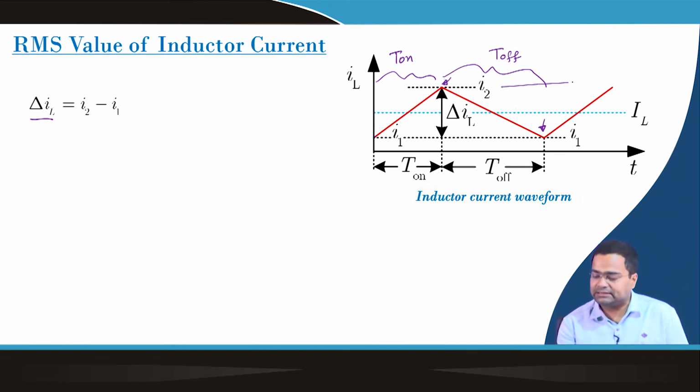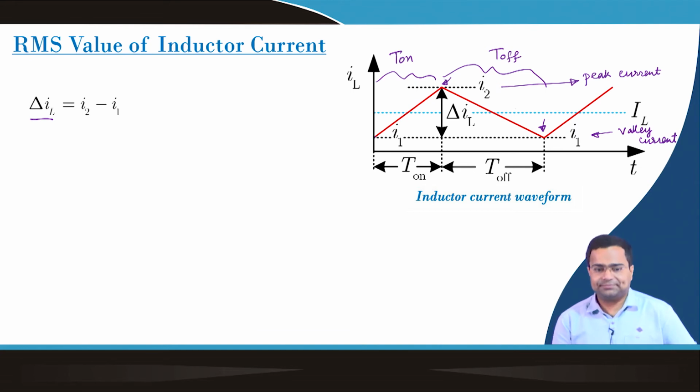So, I2 corresponds to the peak current and I1 corresponds to the valley current.